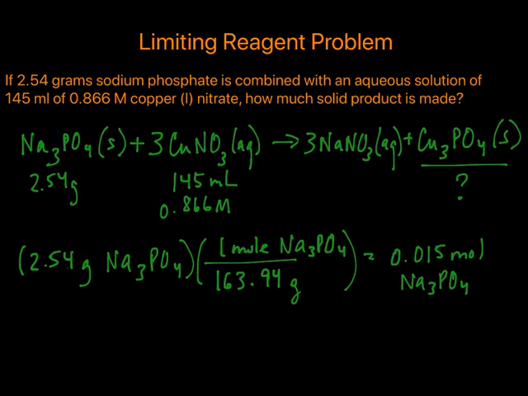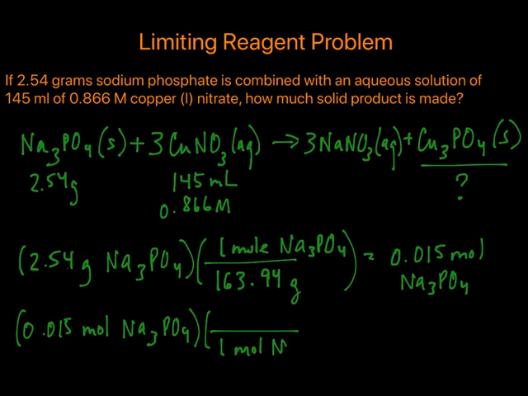Okay, if this is how many moles of sodium phosphate we have, let's predict how many moles of copper phosphate we're going to have. So we're going to predict how many moles of copper phosphate we're going to make if we had 0.015 moles of sodium phosphate. We know from our balanced equation that for every 1 mole of sodium phosphate, we're going to produce 1 mole of copper phosphate.